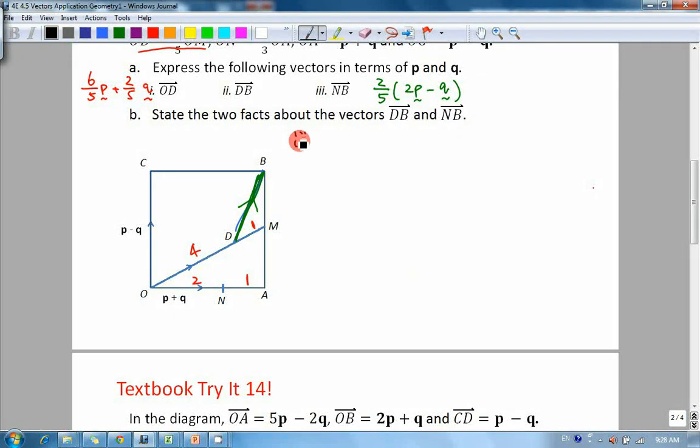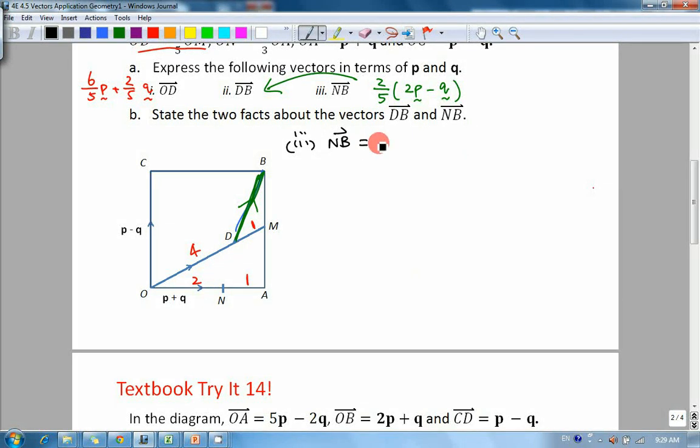Okay, third part, MB. Okay, this is the answer. MB, NB. In this case you may use OB minus ON, but since I don't know ON, I may not want to use it. Or if you want, actually you also can.